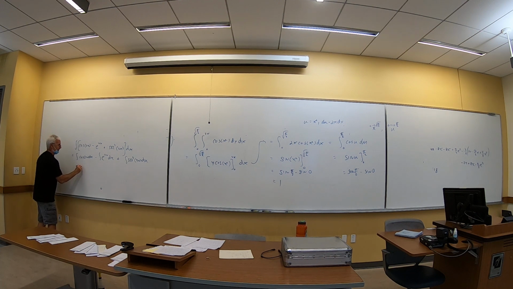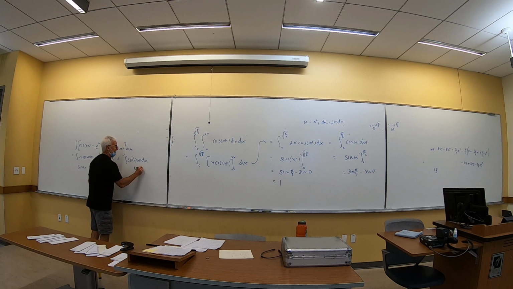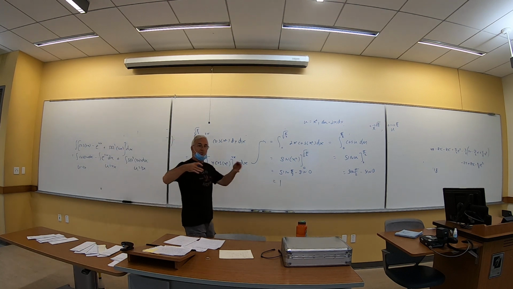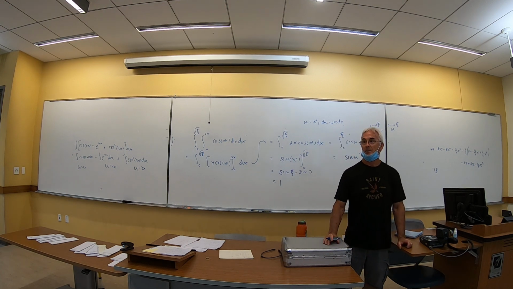And here I'm going to have u equals 2x, over here I'm going to have u equals 4x, and over here I'm going to have u equals 3x. Do those, introduce what you need, do the integration, change it back, you're done, you're correct. Wow, that's a lot of work.